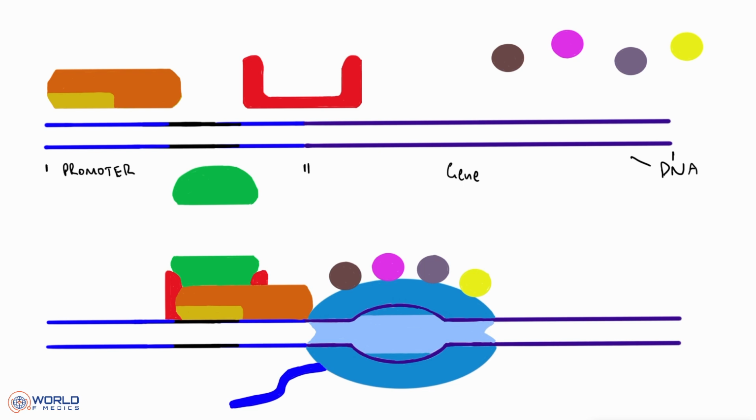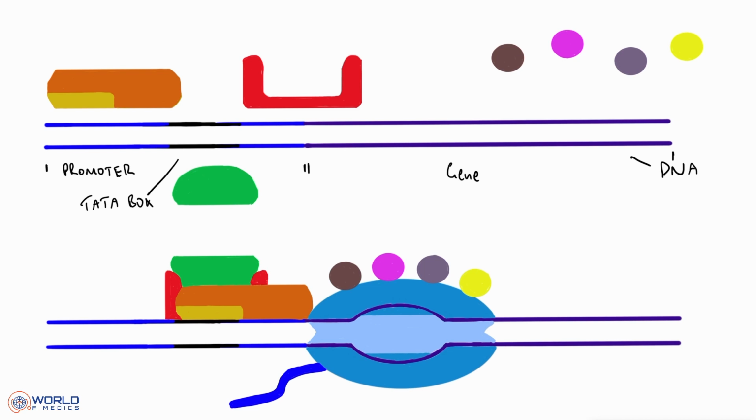Now, within the promoter, we've got this area represented as black, which has a specific relevance, and this is called the TATA box. That's the TATA box. And we'll see exactly what this does in the second diagram, but we want to mention a few other things here. We've got some transcription factors which all help the process of RNA transcription to take place.